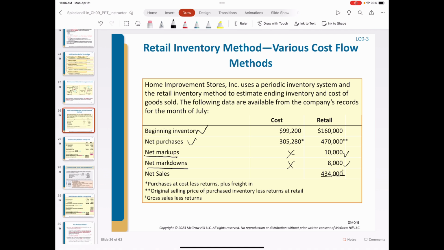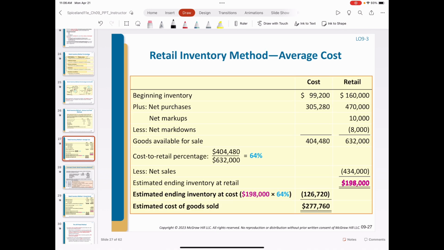Based on this given information, we use average cost as an example. Beginning balance of inventory at cost plus purchase at cost gives total goods available for sale at cost, $404,480. For retail value, we have beginning balance of inventory, retail value of purchase, net markup, and net markdown, which will reduce the retail value.